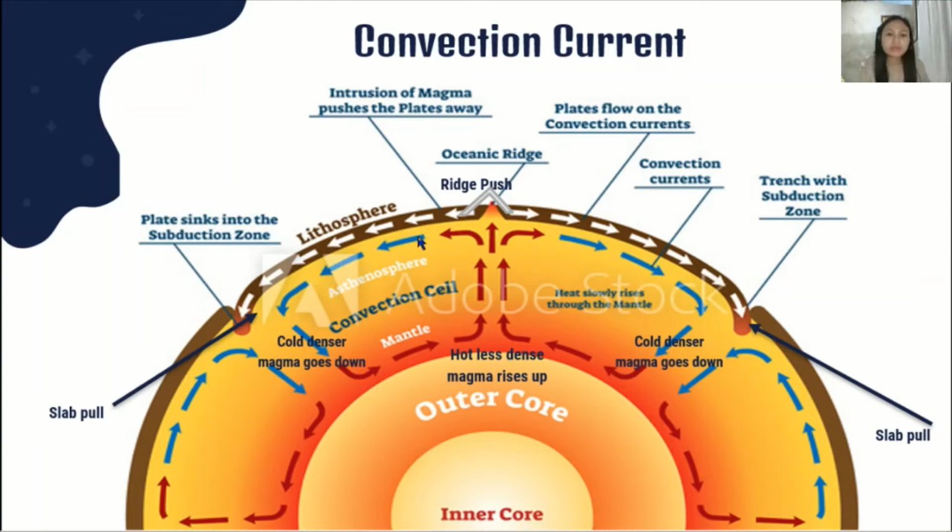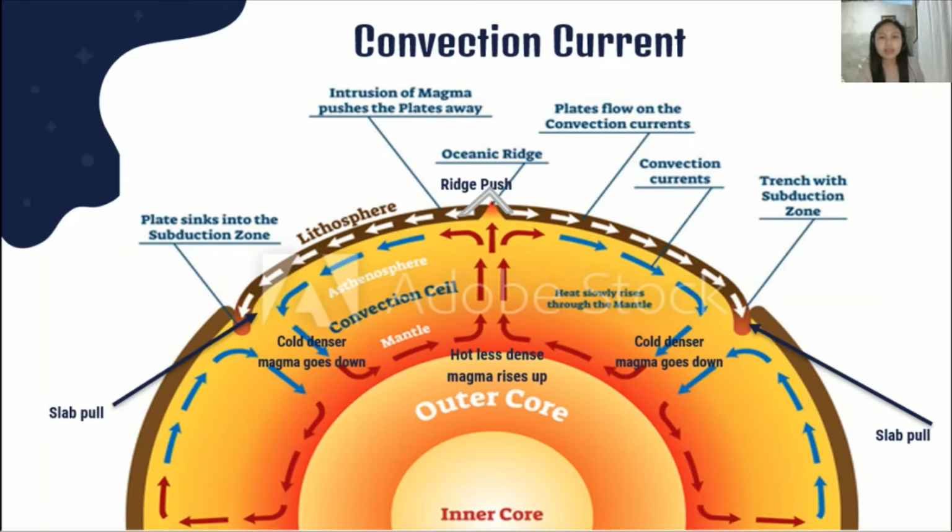Because we have gravity, it is being pulled in the subduction zone. So that is called slab pull, the process wherein the slab or lithosphere is being pulled in the subduction zone in the presence of gravity. So yun yung force para ma-pull itong ating slab papunta sa subduction zone.